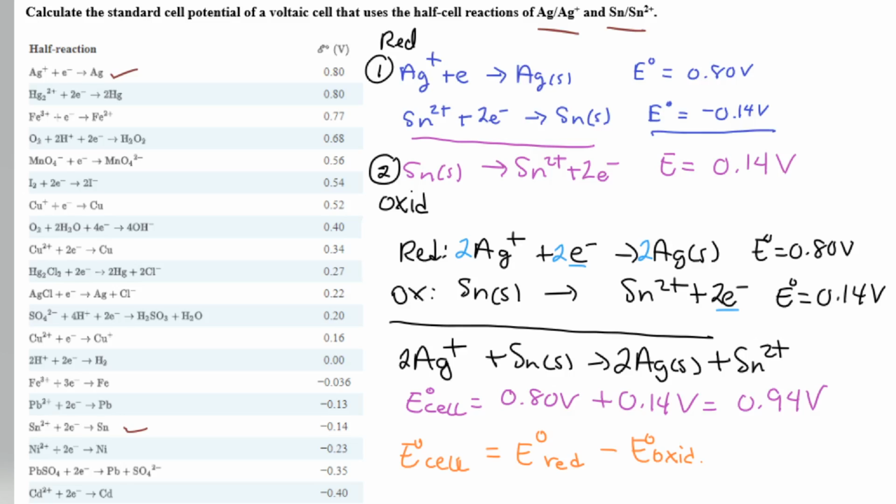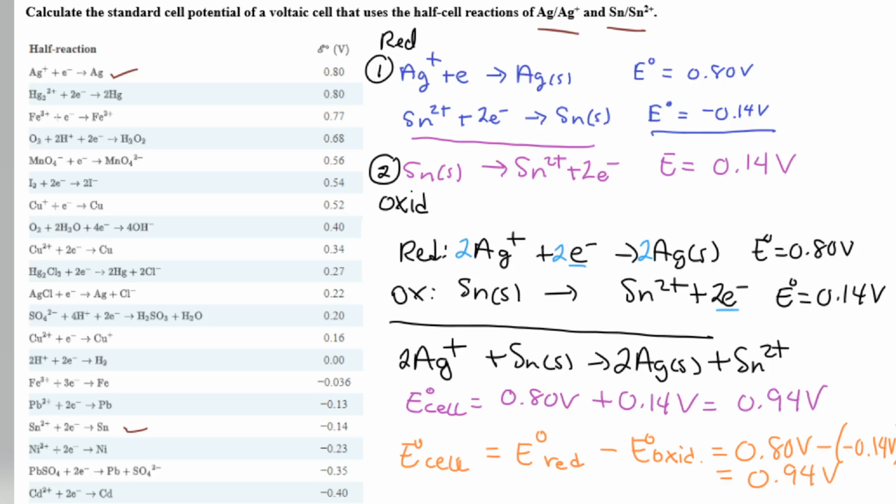And if you do that, you have to clearly understand what you're extracting from the table. So in this particular case, the reduction reaction would be the 0.8 minus the oxidation. And at that point, you just type in the actual voltage that you see on the table. And you'll notice you get to the same answer.